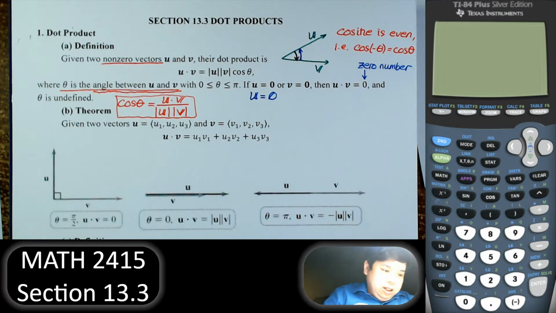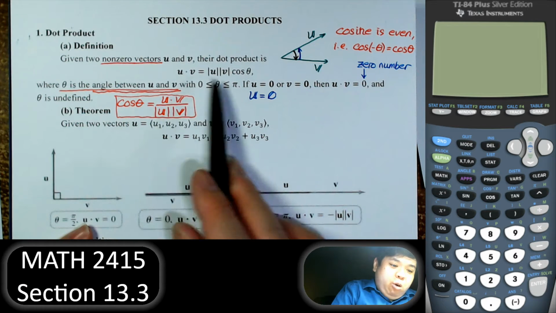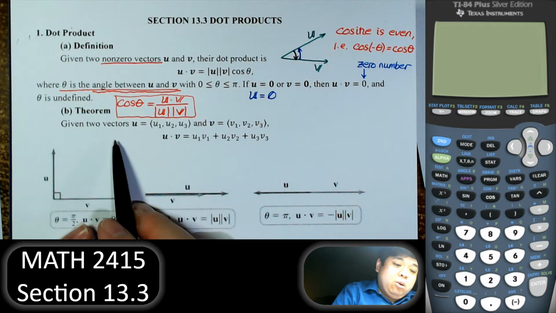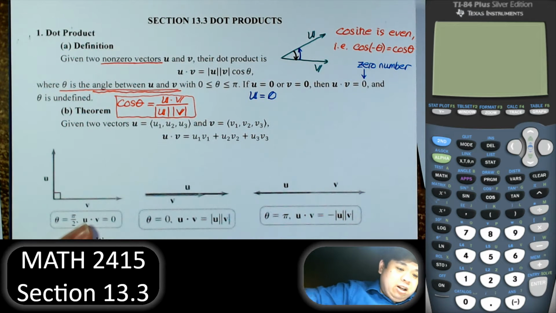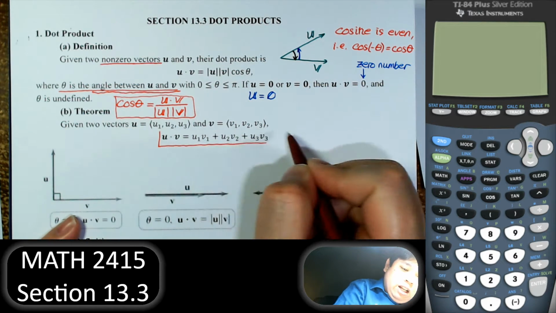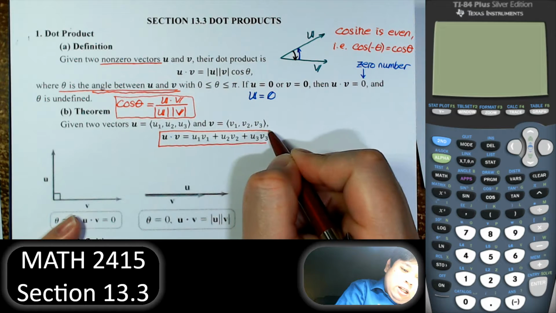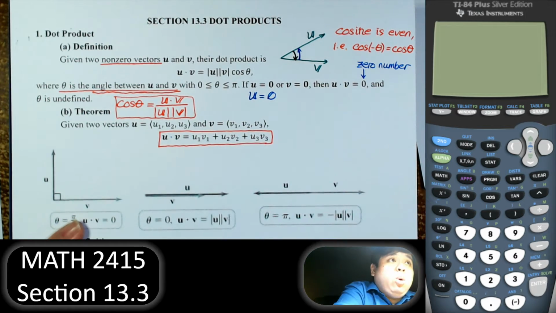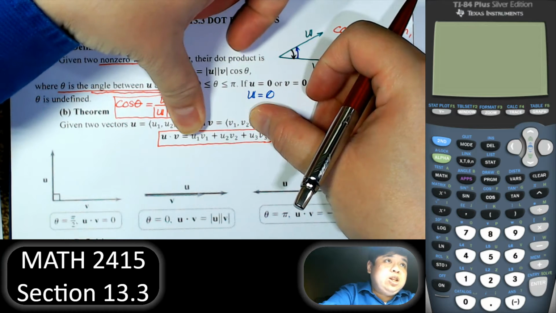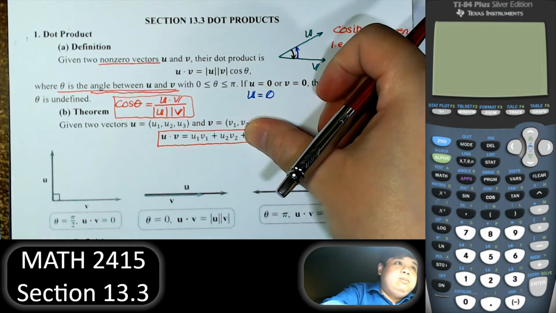Now, that formula is nice and all, but an even better way to calculate the dot product is given in this form. The dot product of u and v given in component form is that. By the way, if they only have two components, u1, u2, v1, v2, then we don't have the third one. Still fine.